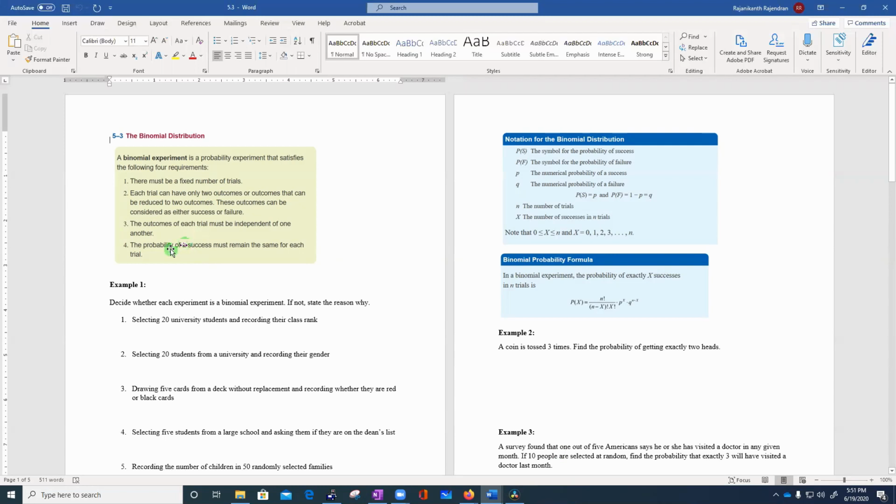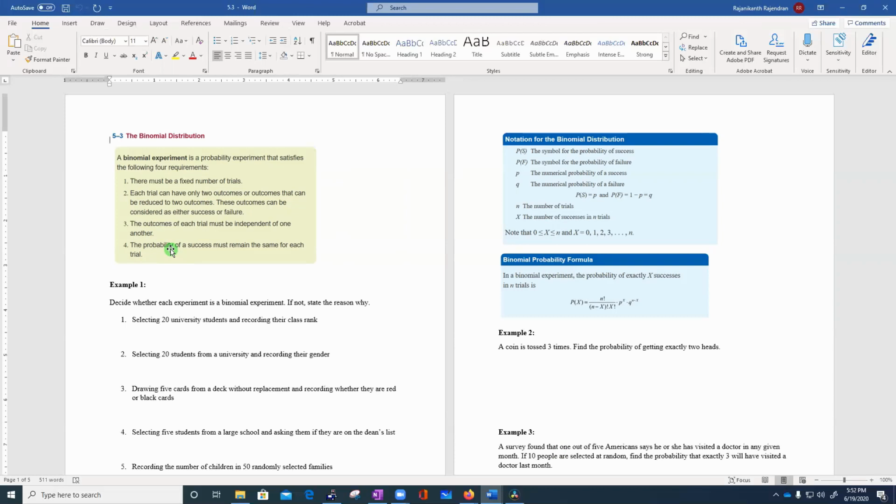Each trial, the probability of success should be the same. Yes, that is correct. When you toss a coin 50 times and I'm looking for heads, the probability of getting heads for each single trial is half, right? 1/2 chance. So throughout the 50 trials, I will have the same probability of success, am I right?